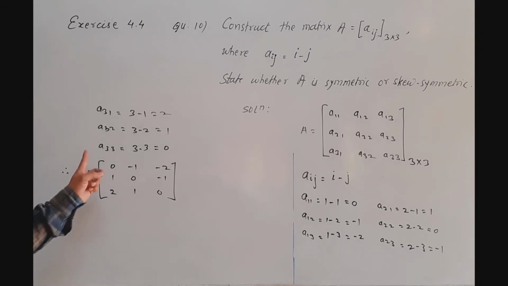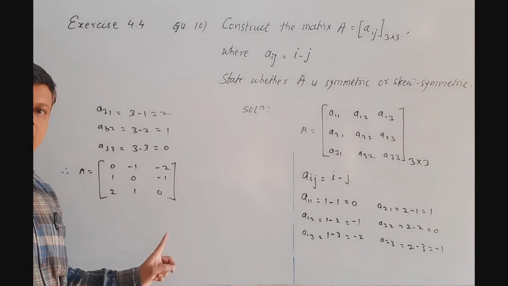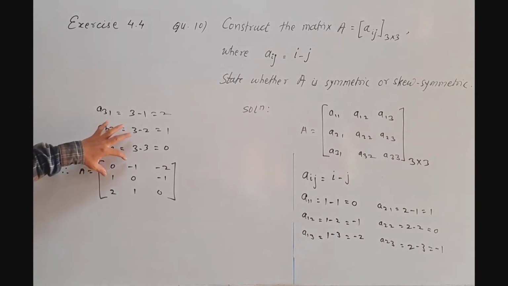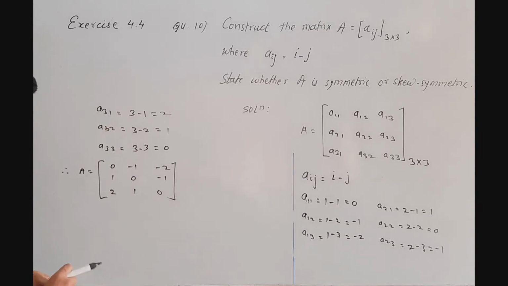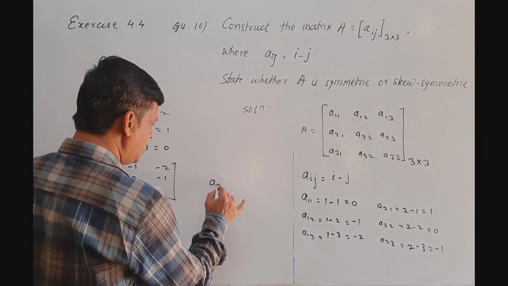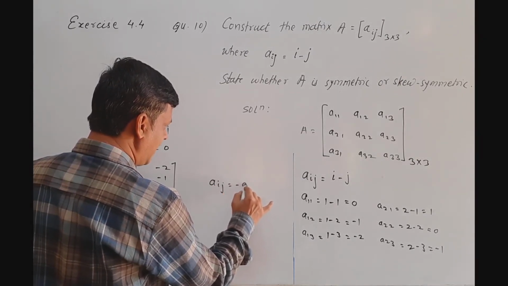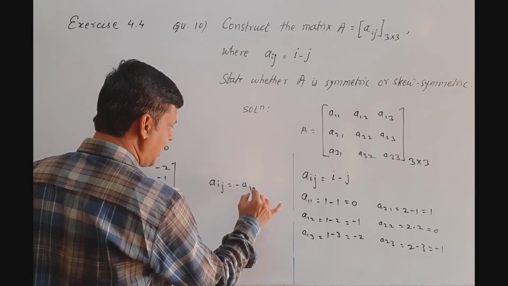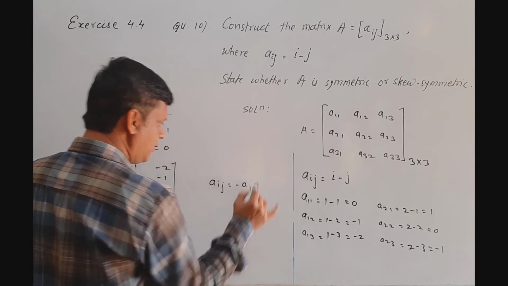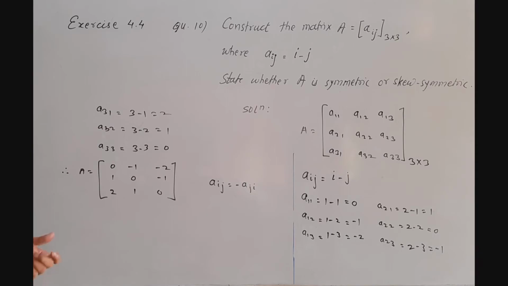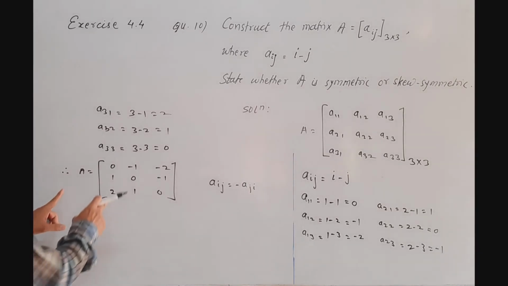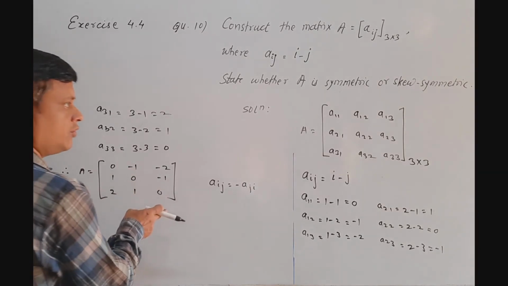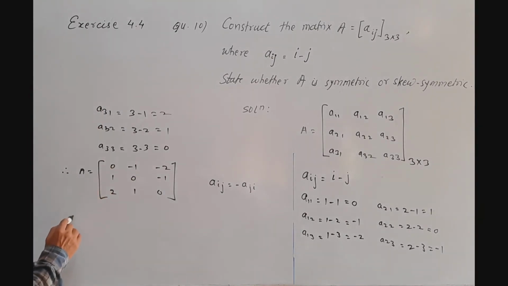Now all the diagonal elements are 0 and non-diagonal elements are same but with opposite sign. That means here condition Aij equals minus Aji is satisfied. So this matrix is a skew symmetric matrix, or you can find the transpose of the given matrix.